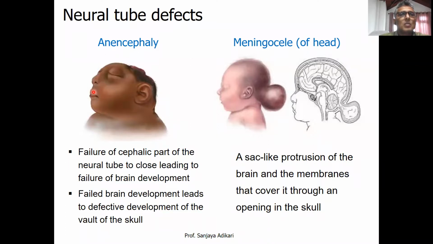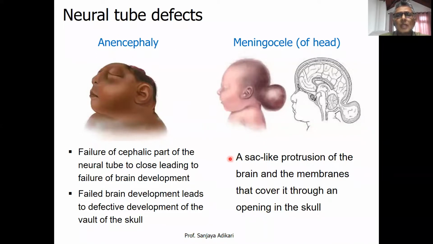The moment you detect this in an ultrasound scan during pregnancy, you don't allow the mother to undergo the mental trauma of delivering a dead baby like this. They will terminate the pregnancy immediately when they detect it, because even if these babies are born, I think 99% are dead. If for some reason some live, it's not a useful baby.